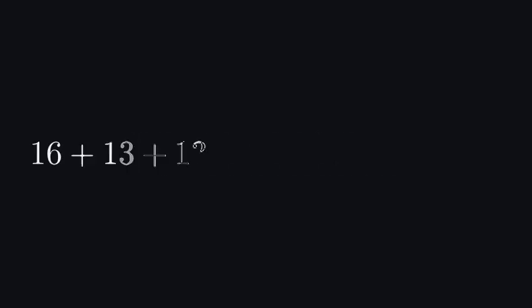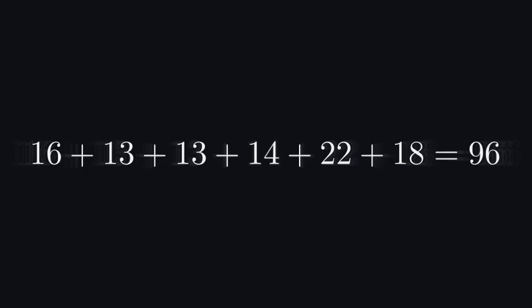Total number of students equals 16 plus 13 plus 13 plus 14 plus 22 plus 18. First, we find the total number of students by adding all the boys and all the girls in the 3 classes. So the total number of students is 96.